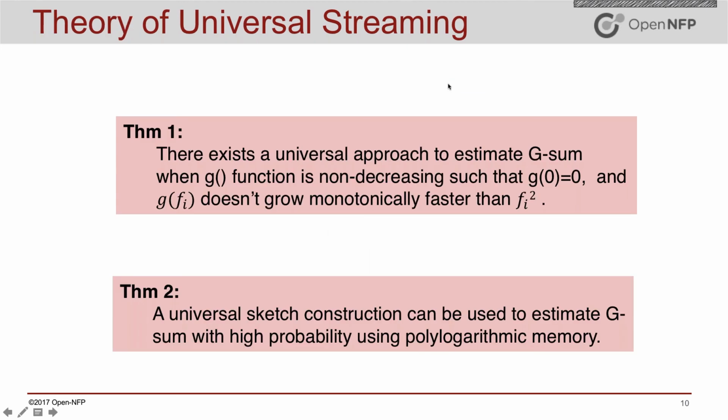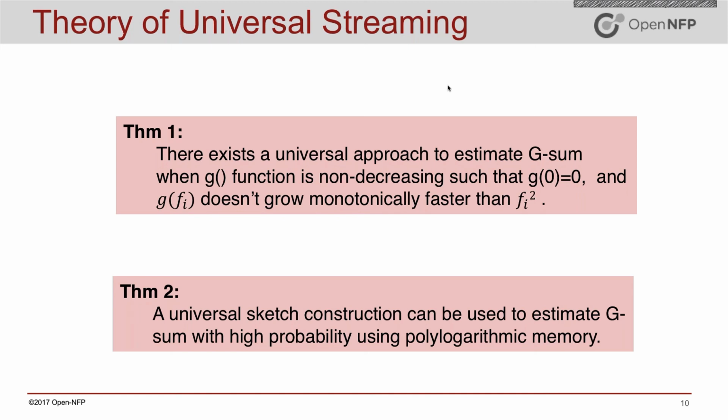And the surprising result comes from the theory of universal streaming, and I'm not a theory person, but this is a really cool theoretical result: there is indeed such a construction. The theory shows that you can have a universal sketch construction that can estimate these g-sums with a single universal sketch using polylogarithmic memory.